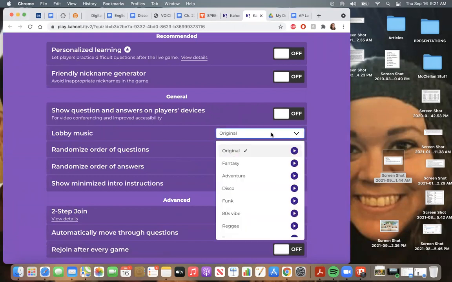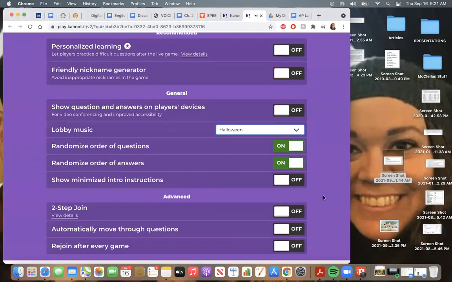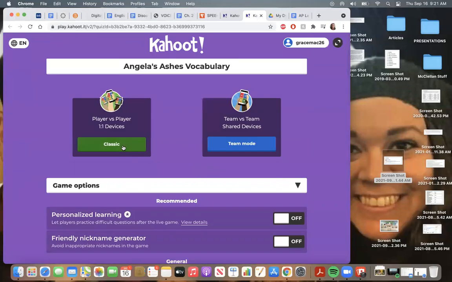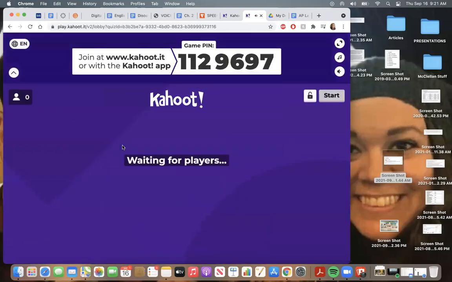Thank you. Wow, I didn't know that there were so many options. I want the Halloween song. Okay. Oh, that's so great. I love this. They're slow though.